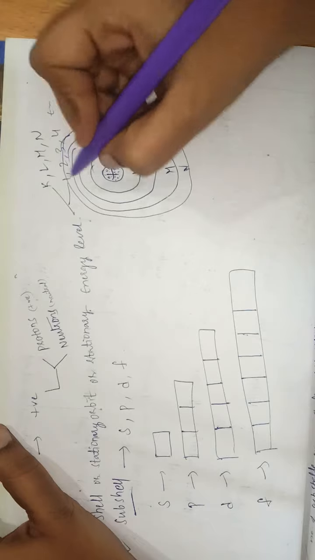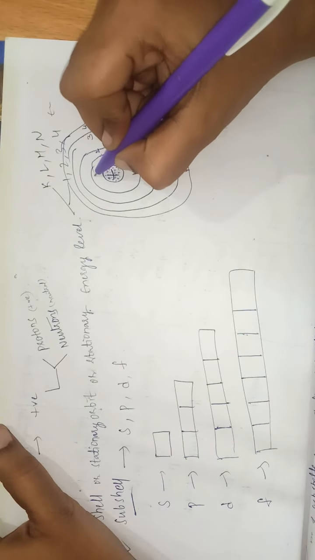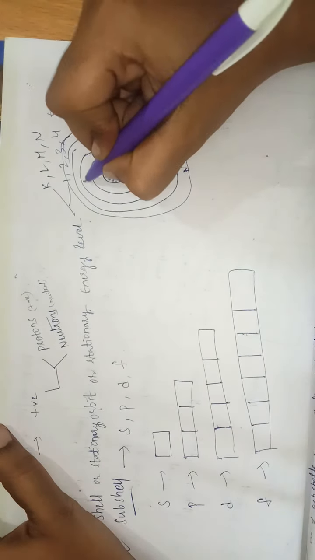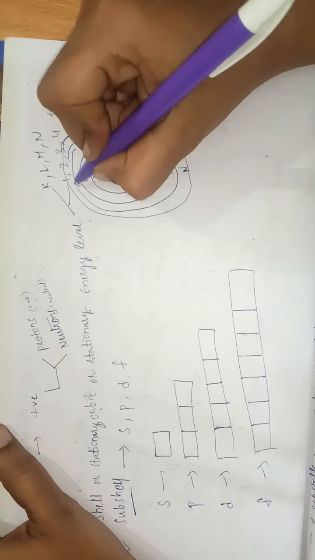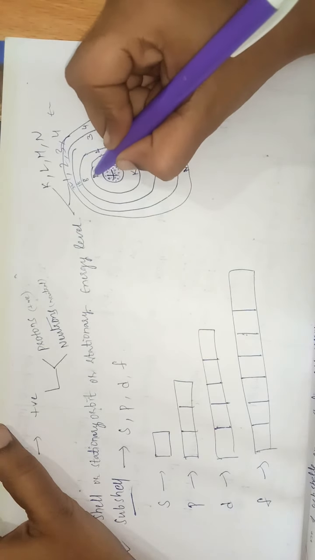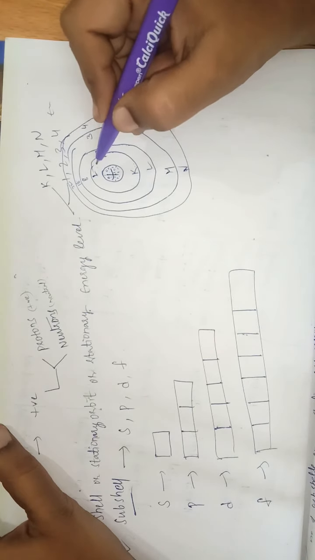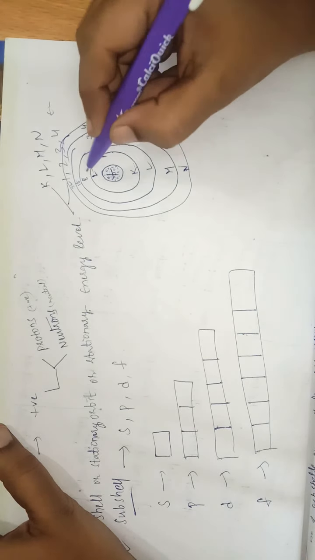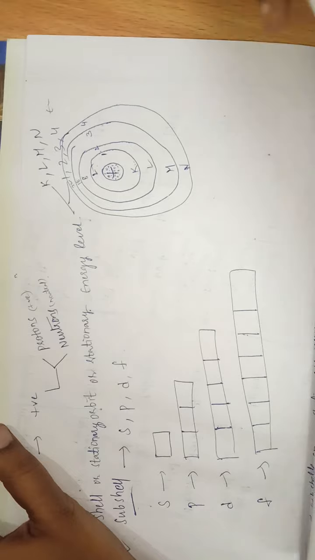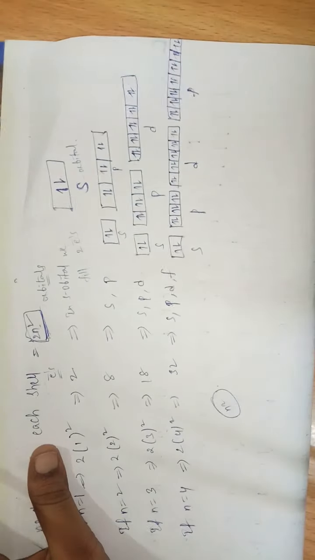Here 2, 8, 18, 32 are the electrons which are filled in each shell. I just made a small table, through which you can remember these things easily.